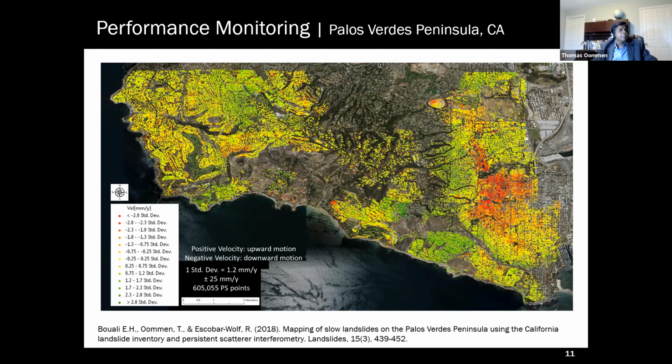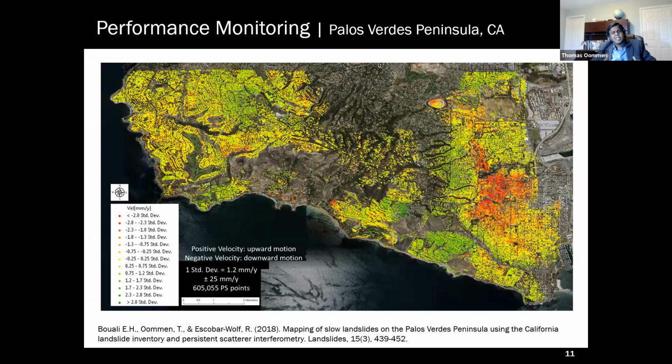Each of those points is just like a traditional inclinometer. You can see in the image I have noted down that there were over 600,000 PS points from this area. This area is roughly 10 kilometers by 6 kilometers, so a 60 square kilometer area, and in that area we had 600,000 data points.